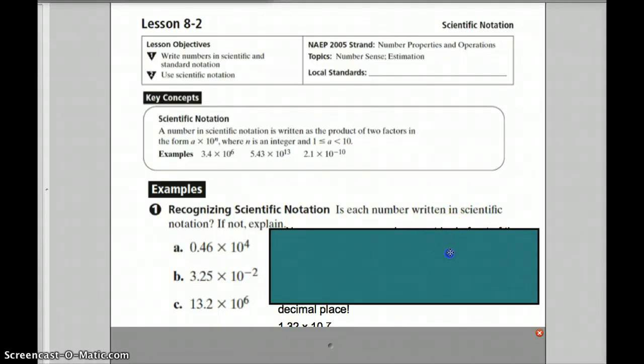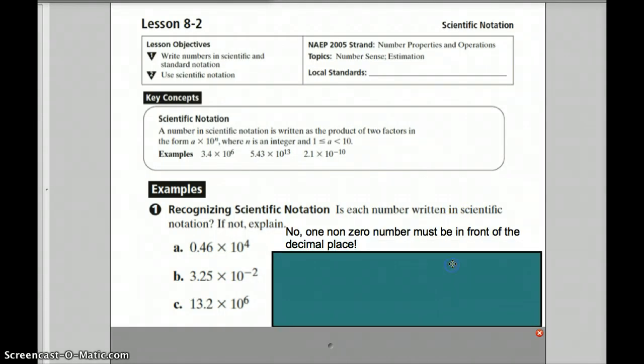You need one non-zero number in front of the decimal place in order for it to be in proper scientific notation. The second one here actually is in proper scientific notation. You've got one whole number that's greater than 1 in front of the decimal, and you're multiplying by 10 to a power that is an integer.